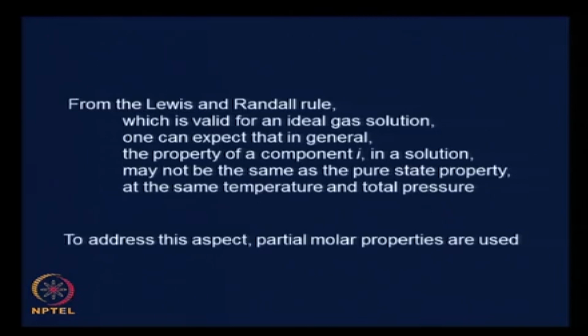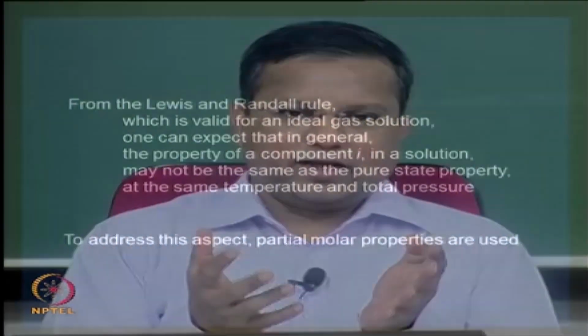Therefore, we cannot use a weighted average. In the case of the ideal gas solution, we used a weighted average, Fi hat equals yi times Fi, where yi was the weighting factor. If it is a non-ideal solution, we cannot do that. We can do that only for an ideal gas solution.